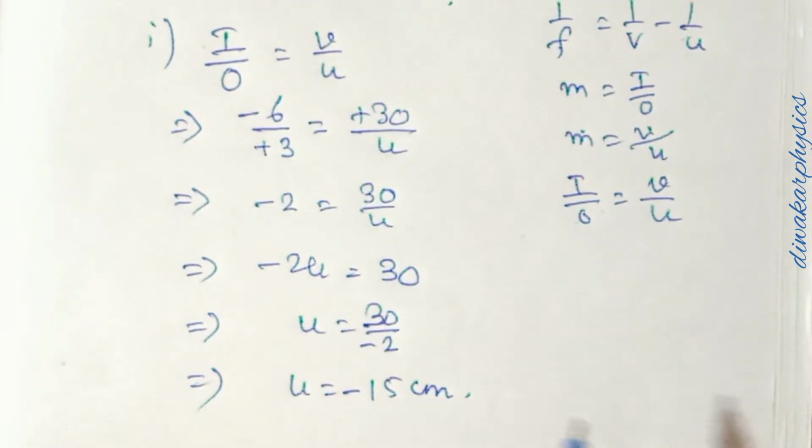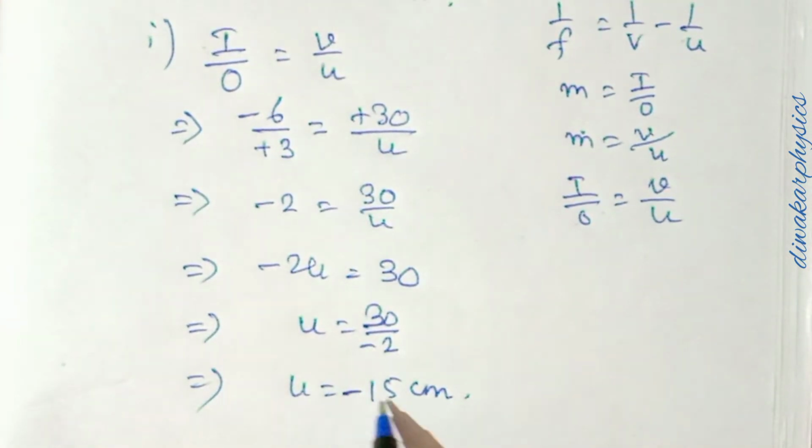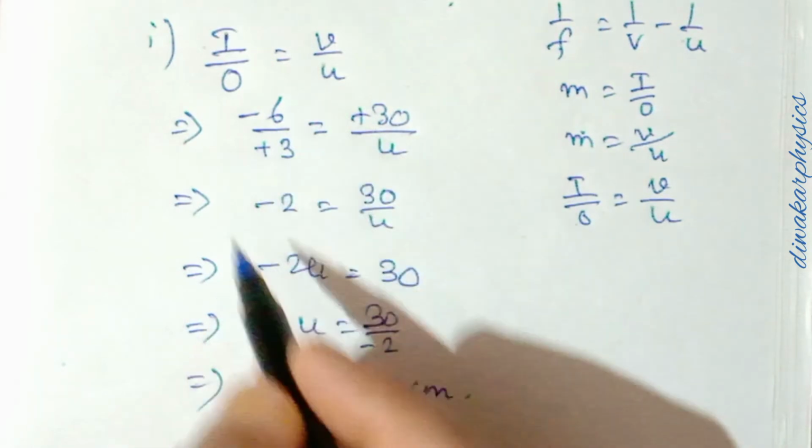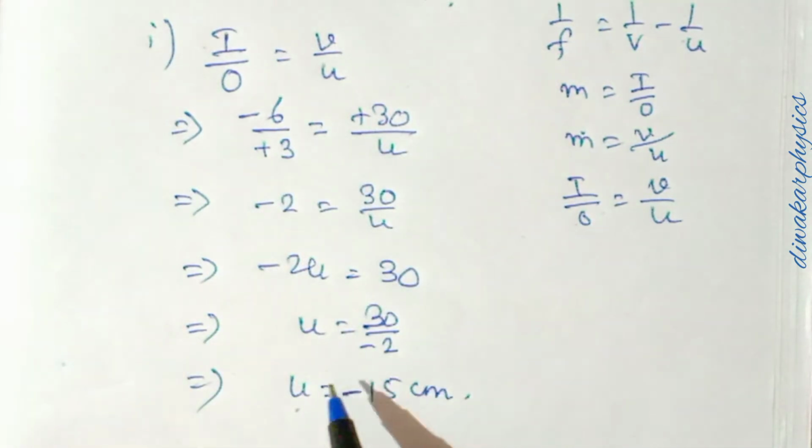Interestingly, in the answer you will get the correct sign of the unknown value, that is u equal to minus 15 centimeter. So you see I have got u negative, so I am correct. If you get u positive here, then you may check that some steps are wrong, and you can correct and re-verify it.